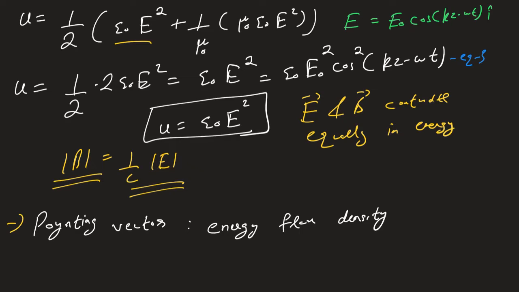So it was the energy flux density per unit area per unit time. Right, so it was the energy flux density coming out of area per unit area per unit time. And we found in a previous lecture that S is equal to 1 over mu naught times E cross B.